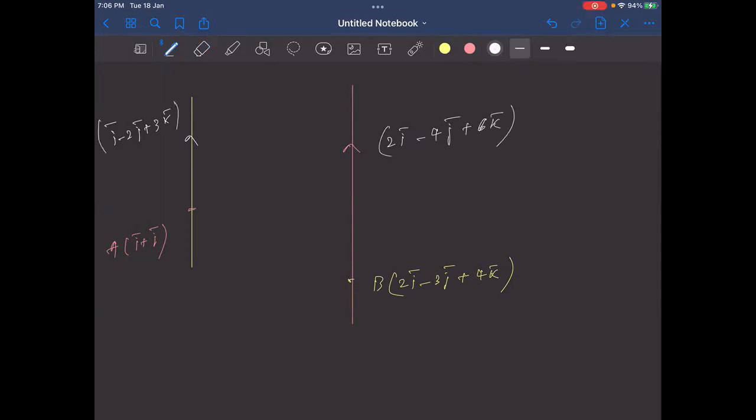Now how do we get this? The line is r equal to i plus j plus lambda times. What is the equation of this line?